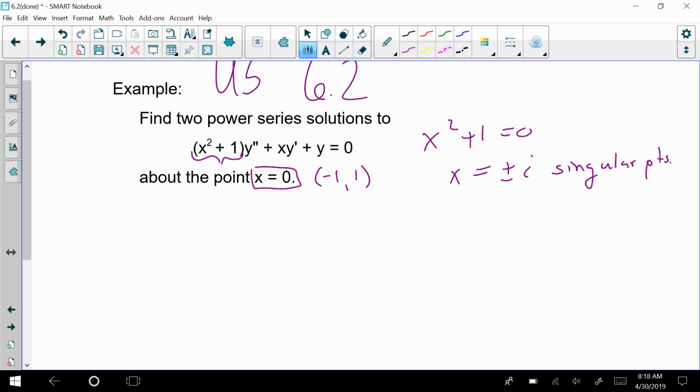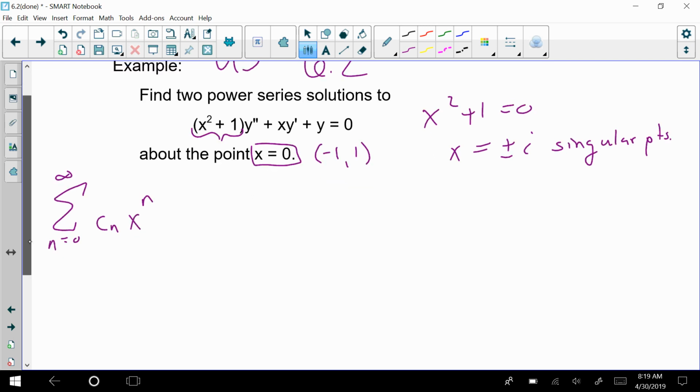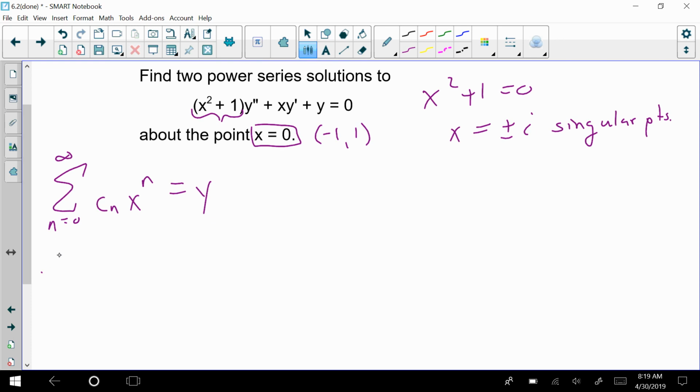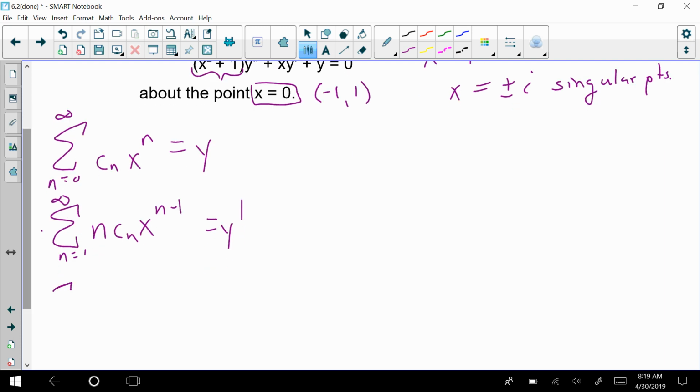Now, remember what we did before. We're assuming that the solution takes on the form of the summation n equals 0 to infinity of c sub n times x minus a, but since a is 0, we can just write x to the n power. So we think that this is the solution. We took the derivative of this and we got this thing, so that's y prime, and then we took the second one.